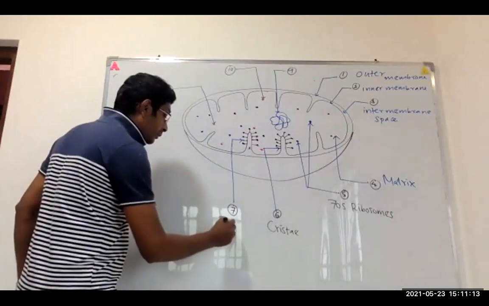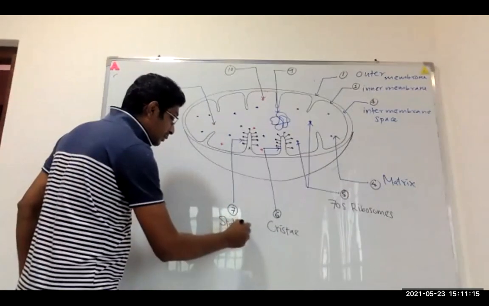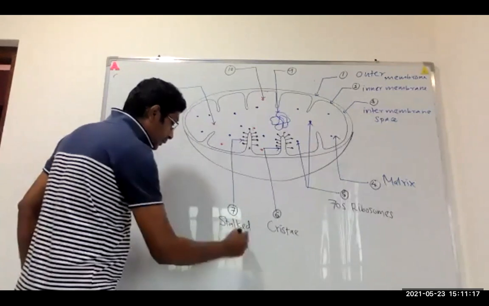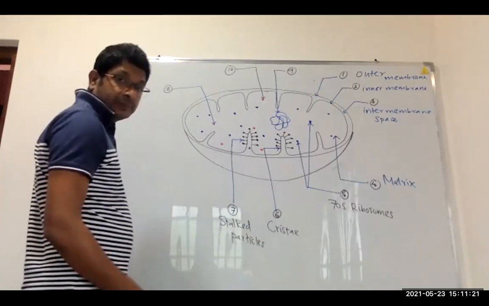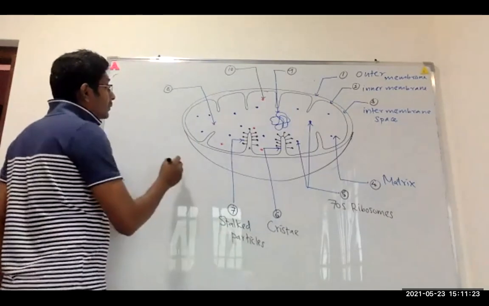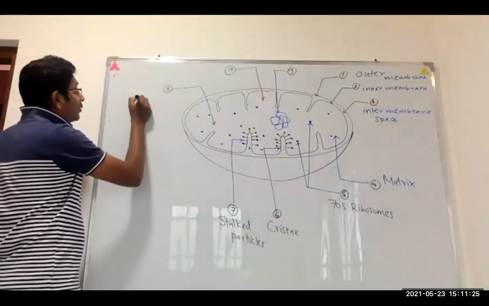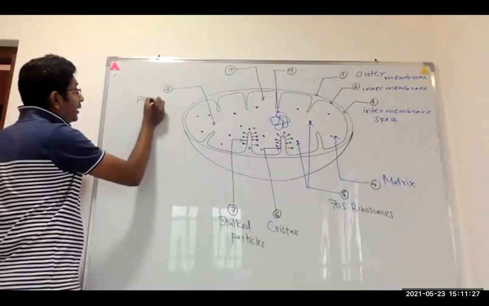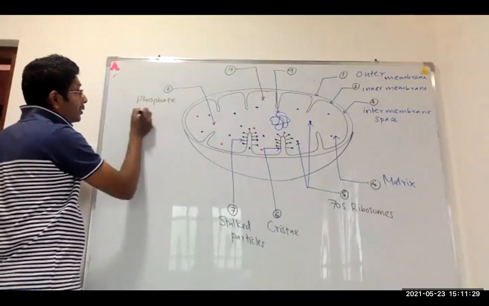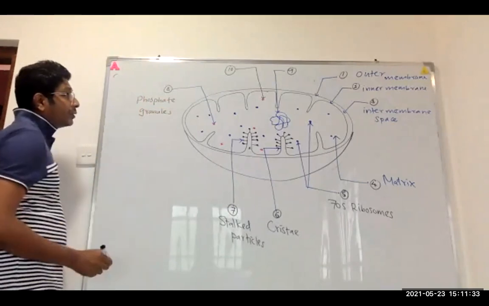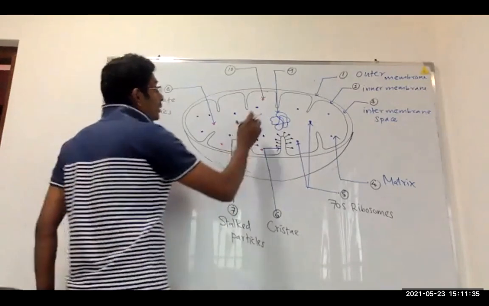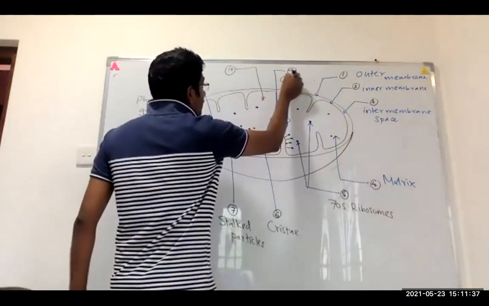Seventh one, stalked particles. Eighth one, phosphate granules. Ninth one, circular DNA.